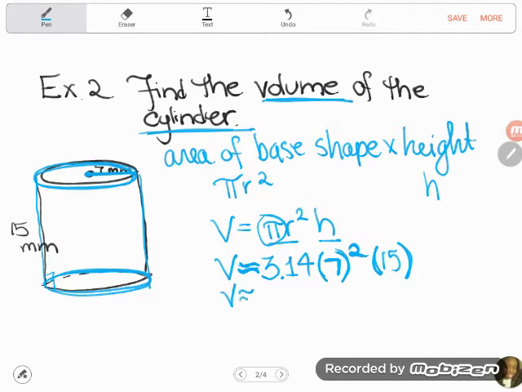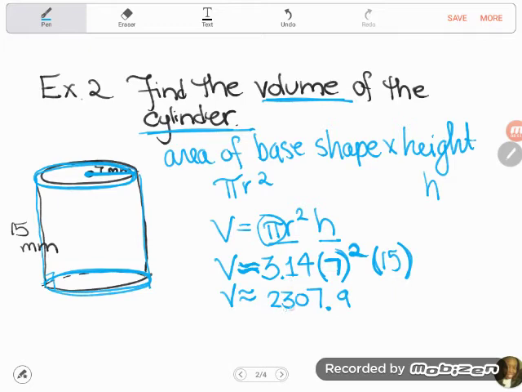And I'm way too lazy to do this math by hand. I'm going to just plug it into my calculator. 3.14 times 7 squared. And you might be thinking, Kate, don't I need to use order of operations? Yeah, you do if you're doing this by hand, but your GED calculator actually will do order of operations for you. So you can type in this expression exactly the way you see it, and it will take care of the order of operations.